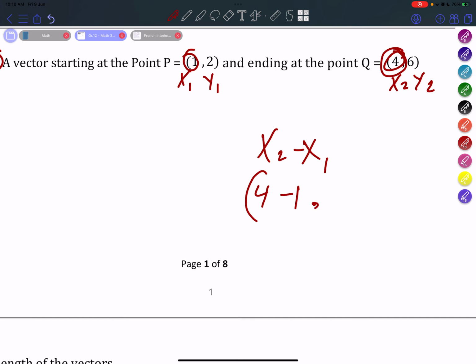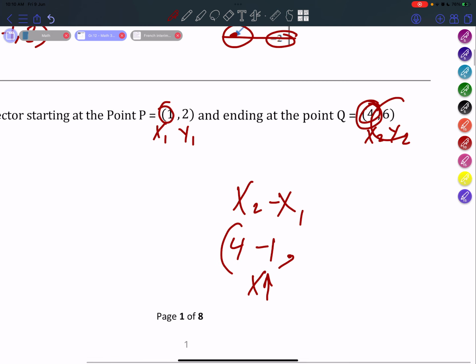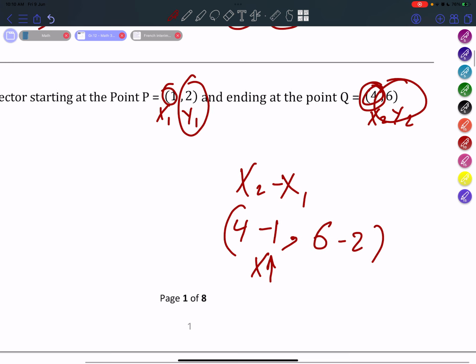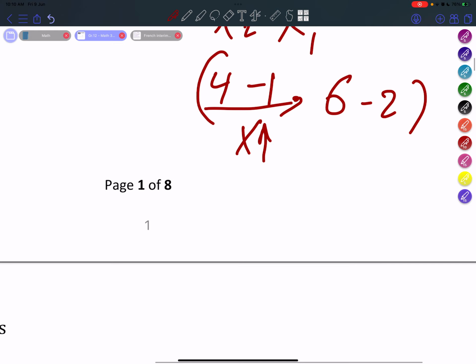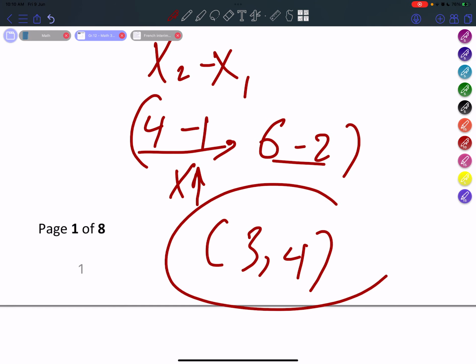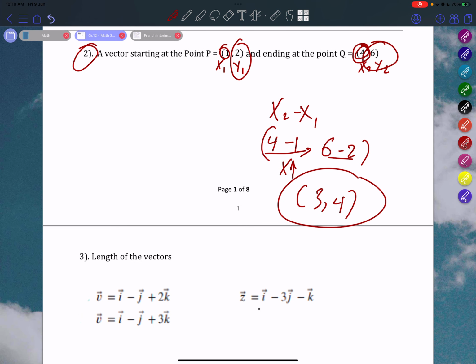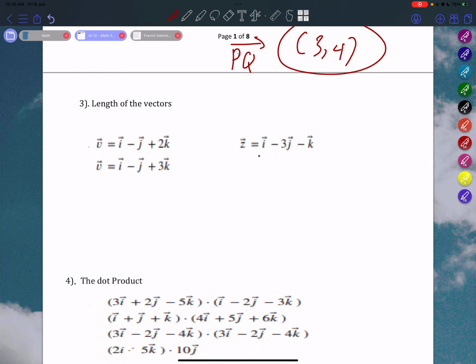This is for the x value. For y, we take y2, which is 6, minus y1, which is 2. So 4 minus 1 will be 3, and 6 minus 2 will be 4. And this is the component of this vector, maybe PQ like that.